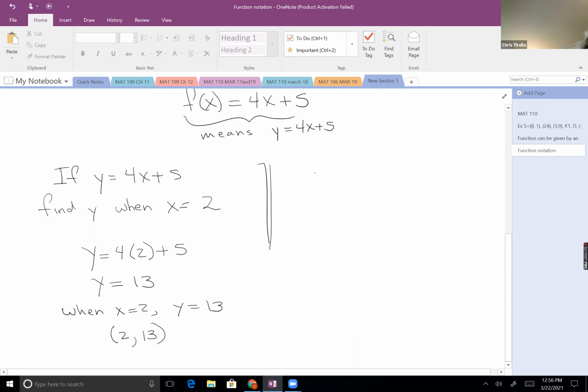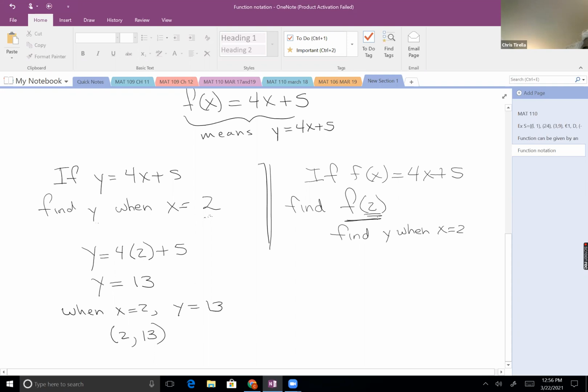Instead, we could have written that as if f of x equals 4x plus 5. Over here, when we're saying we want to find the y value when x is 2, we're substituting the 2 for the x. So we might instead have written that as find f of 2. And what this means is to find y when x equals 2.